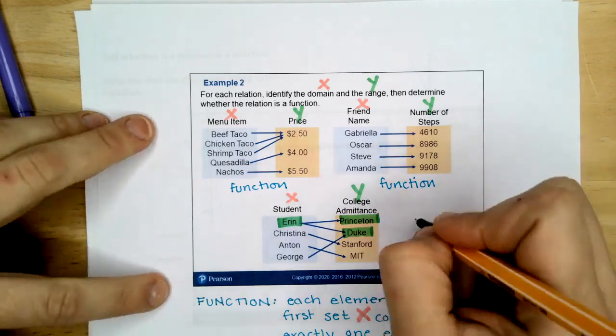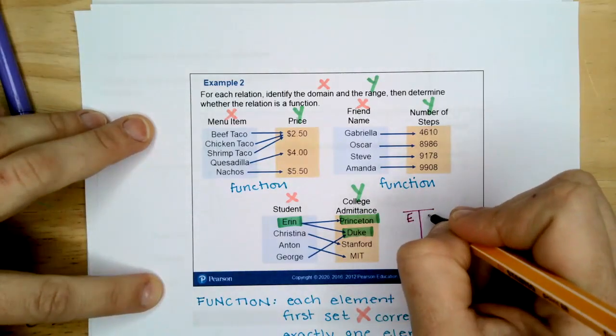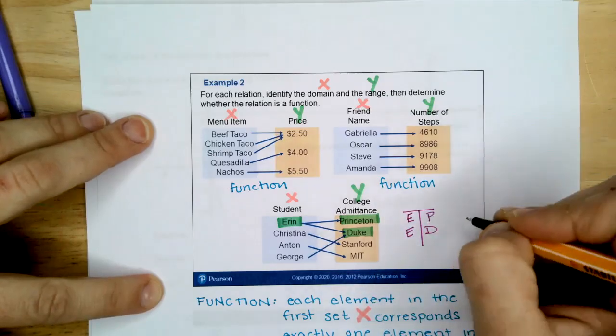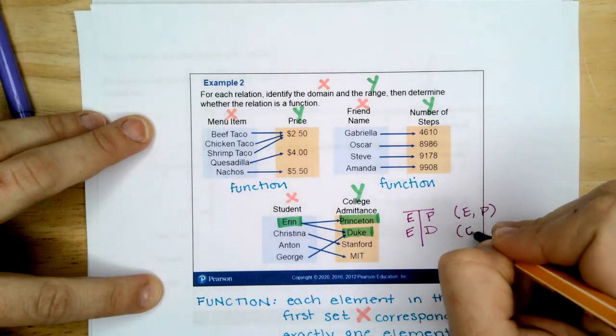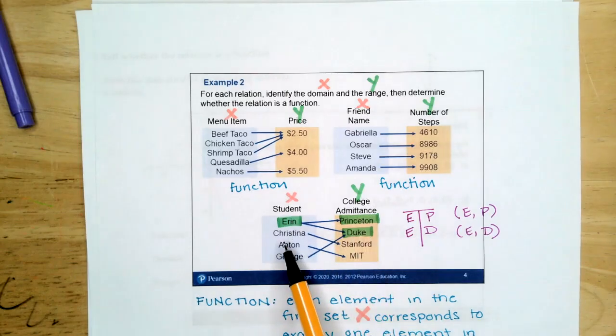In a list, that's suddenly going to look like E, P, E, D. That is not going to work. Every time I put in Aaron, I want to get the same college out. Every time I put in Aaron, I want to get Princeton. If sometimes I put in Aaron and I get Princeton, sometimes I put in Aaron and I get Duke, that is not a function.